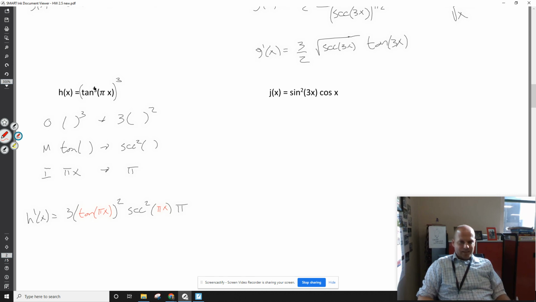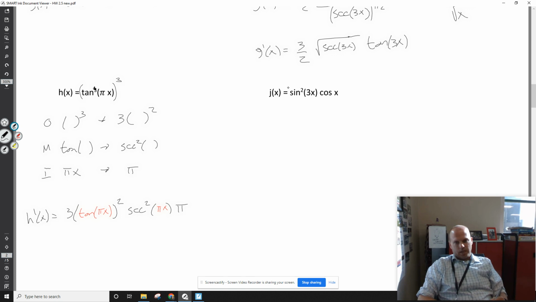Maybe I can write tangent squared as sine squared over cosine squared. Secant squared is 1 over cosine squared. Maybe it's like cosine to the 4th if you wanted to, but this is fine. I haven't asked you, but be ready to plug values into this to get the slopes of H. They might be gross, messy values, but they are values nonetheless.